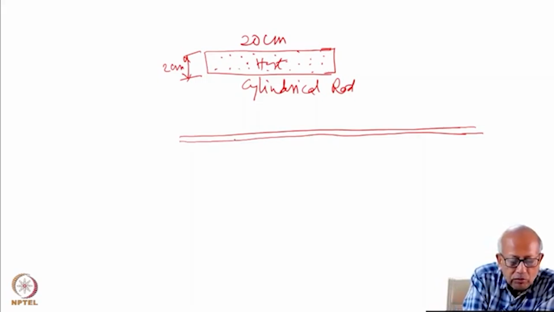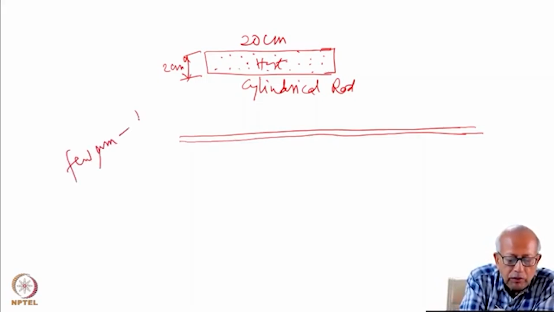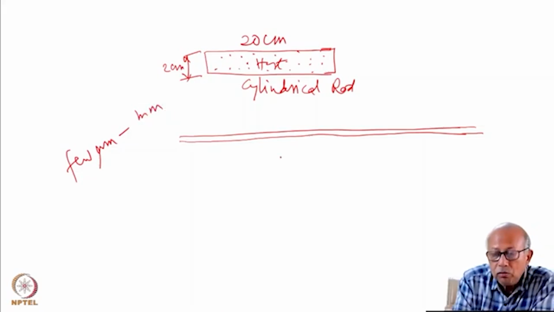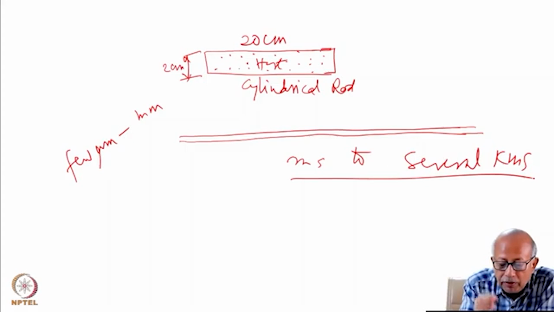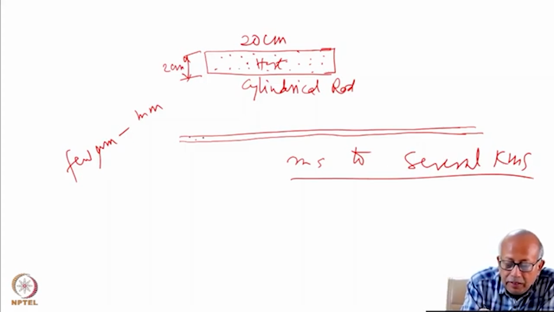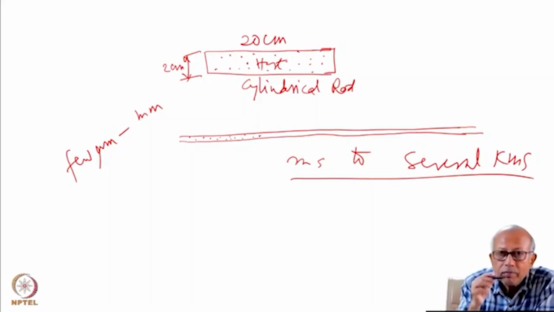In a fiber, this diameter would be a few micrometers to say a millimeter, and length could be meters to even several kilometers. So that is the difference. But nevertheless, the light emitting species are embedded in this.